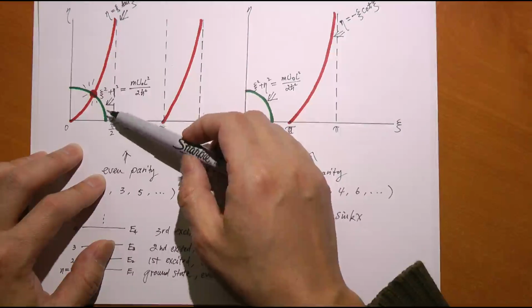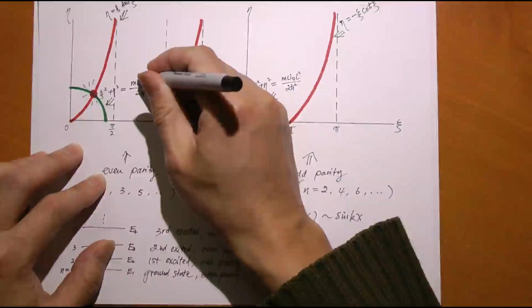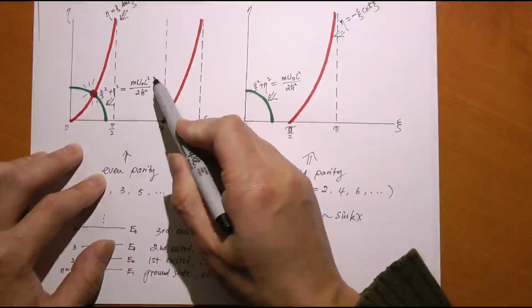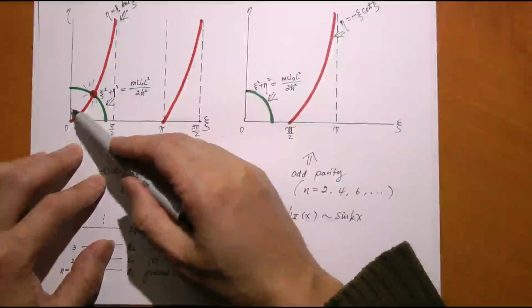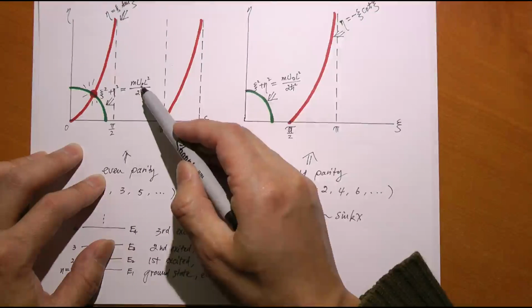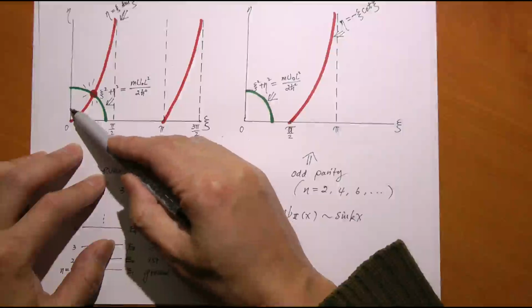Now, the green circle is only one circle. But as I increase the depth of the potential well, U0, what happens to the radius of that circle? The radius increases, right? So let's imagine we start from a small circle, small radius, which means the depth of the potential well is shallow. It's so shallow that the circle is very small.